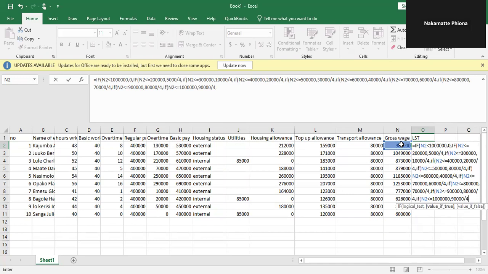If gross wage is greater than 1 million, comma 100,000 over 4, comma 0. We're going to close.